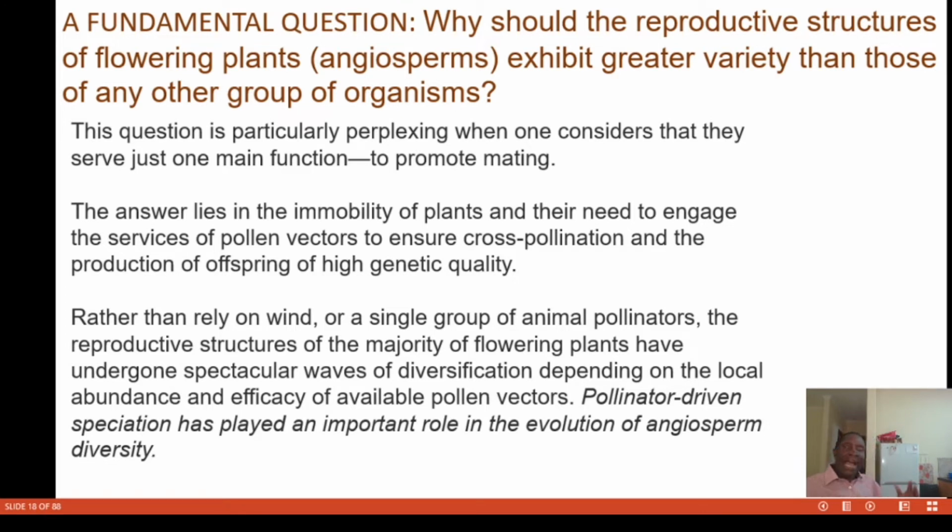Rather than relying on wind alone or a group of animal pollinators, the reproductive structure of a majority of flowering plants have undergone spectacular waves of diversification.